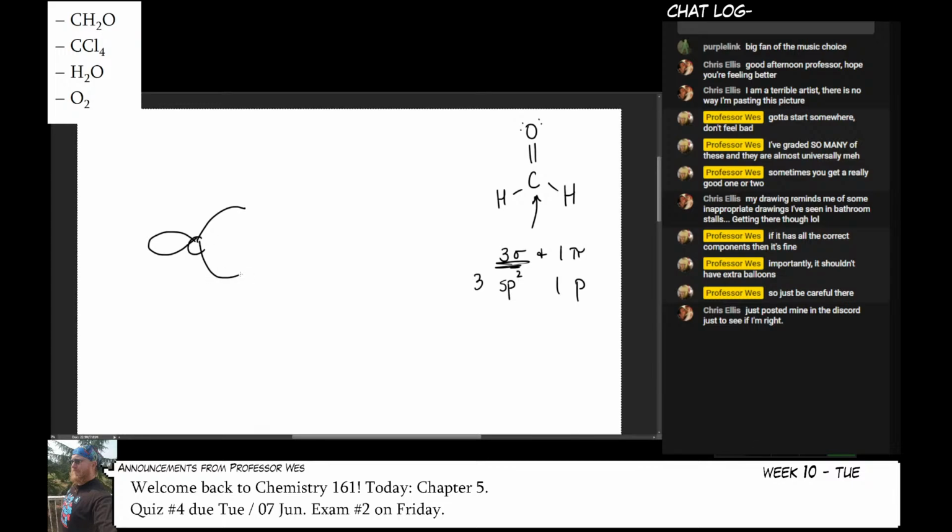And so there'd be my carbon. Let me draw its p orbital first, too. So this would be its p orbital going above and below the plane.